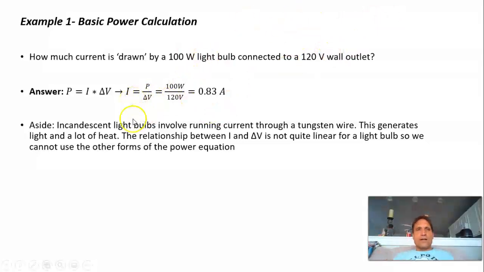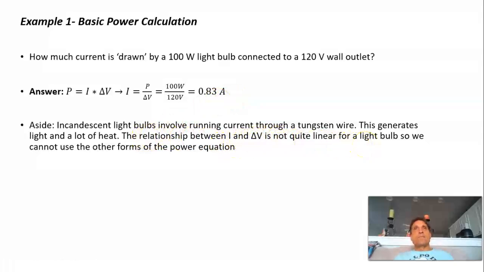Now, one other thing here that's an aside, the incandescent light bulb, which runs the current through a tungsten wire, this generates light and a lot of heat, okay? Mostly heat. If you've ever changed the light bulb, it gets hot, right? So incandescent bulbs are not as efficient compared to LEDs and fluorescents. So for these bulbs, the relationship between I and delta V is not quite linear.